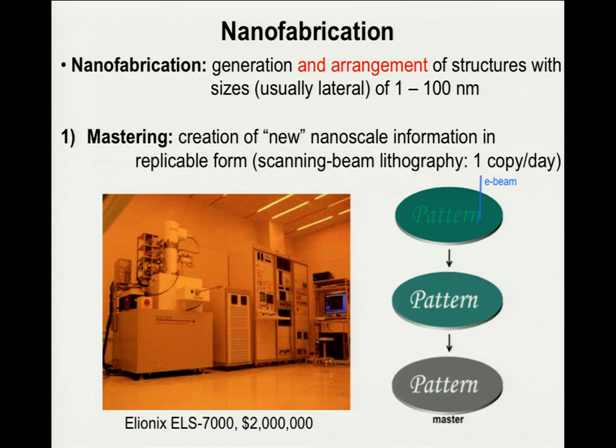So we're going to write this pattern, and where we write the word pattern, this region becomes soluble. So then we can dissolve this pattern out, and then we can get rid of the green stuff, which is our polymeric e-beam resist film. Then we can etch some layer to create this pattern in the master.